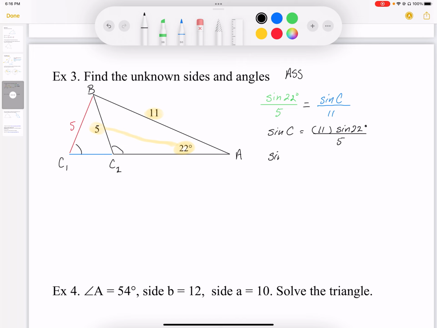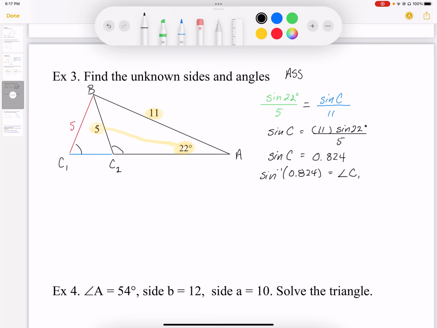So I get sine of angle C is equal to, it looks like, 0.824. Okay, then we solve for the angle C, and I'm going to write this way. The arc sine of the ratio 0.824 is going to be equal to angle C.